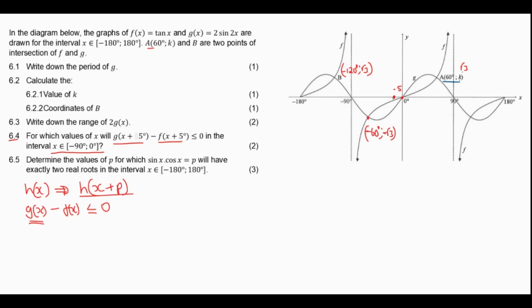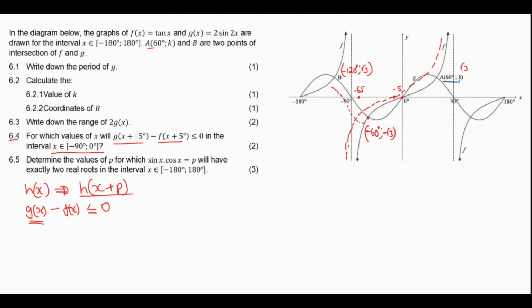Let me just write the x coordinates only. And then this point of intersection here, we call it C. This point of intersection also is going to be shifted to the left by 5 degrees, so it's going to be at -65. Maybe let me try to sketch these new graphs. Everything is shifted to the left by 5 degrees. So it's going to be like this. That is f(x), and then g(x) is going to be like this.